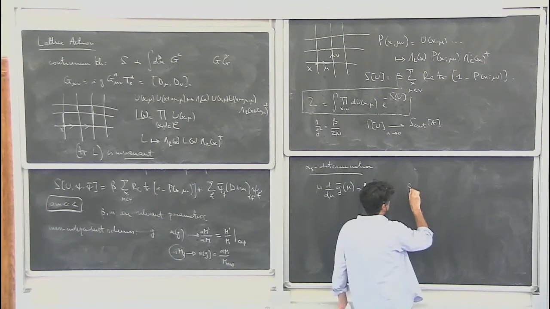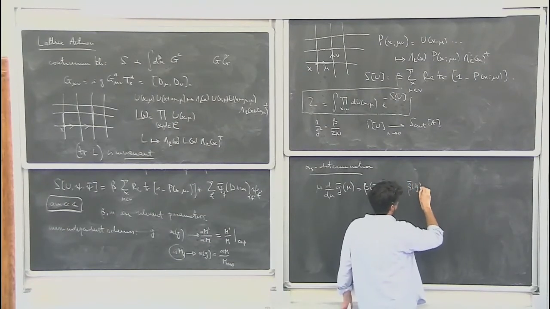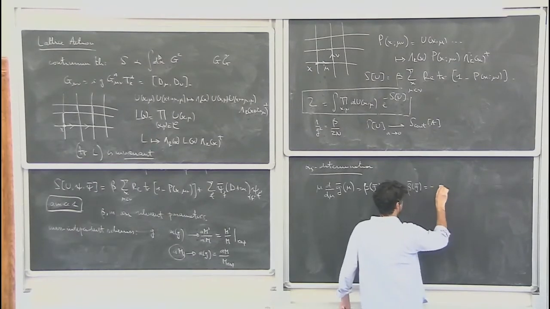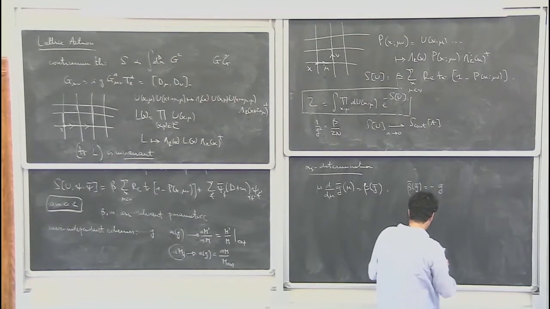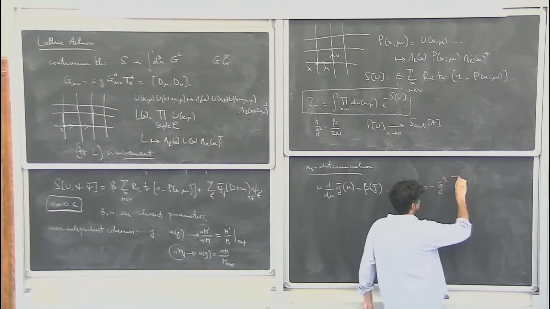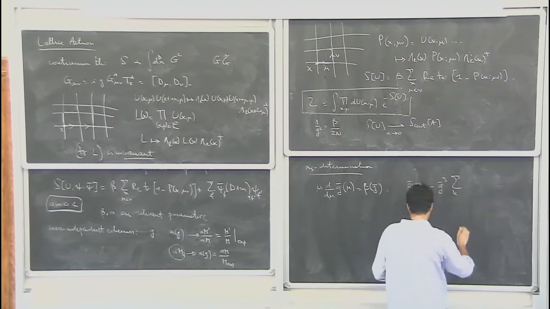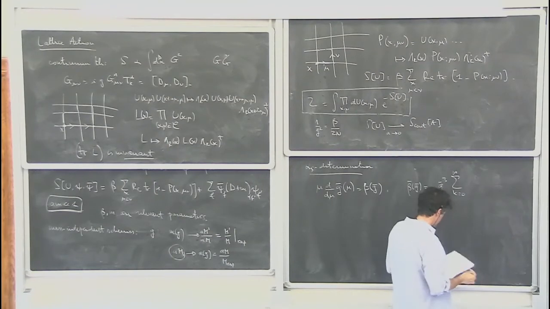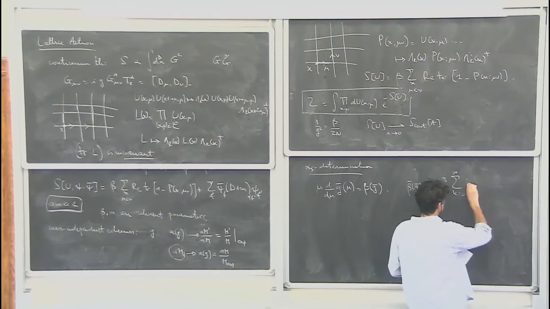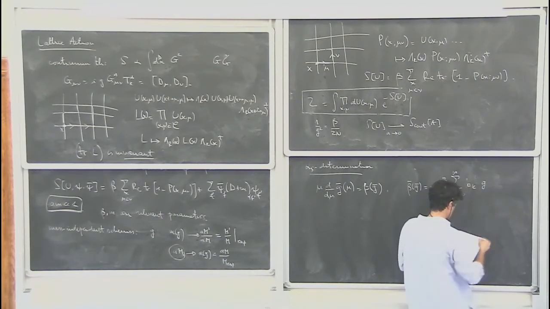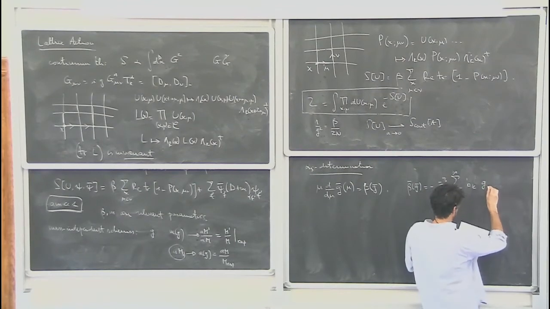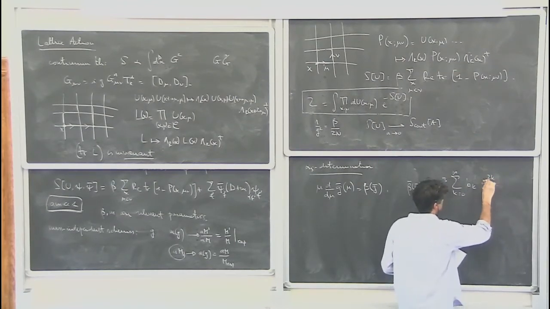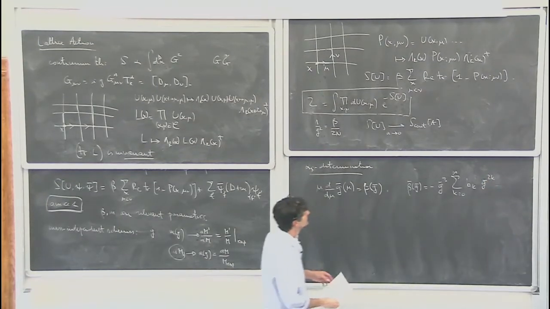So typically, beta is computed in perturbation theory. I'm going to write this in the following way: the sum over k from 0, in principle to infinity, of b_k times g bar to the power 2k.